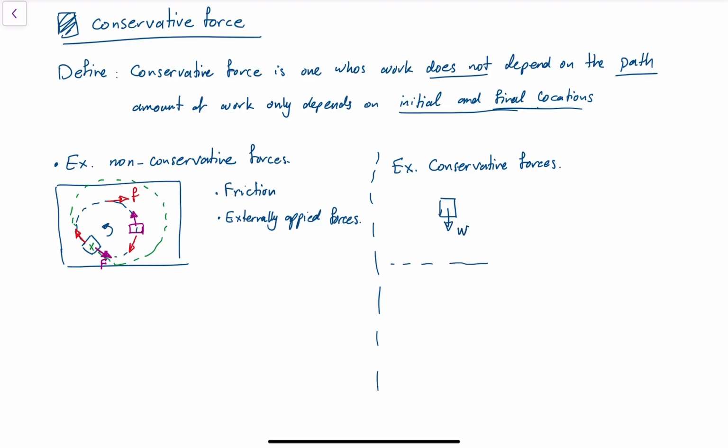You saw as we go from some initial height to some final height, the work of gravity was minus mg (y2 minus y1).